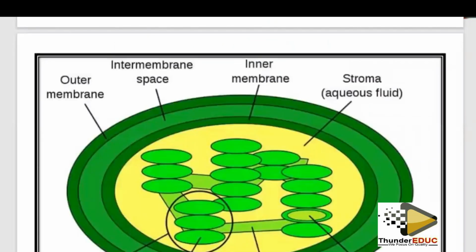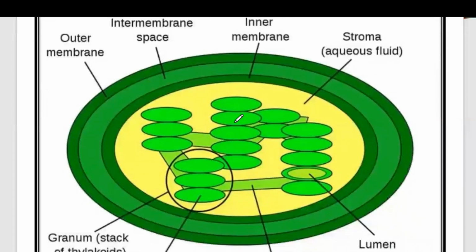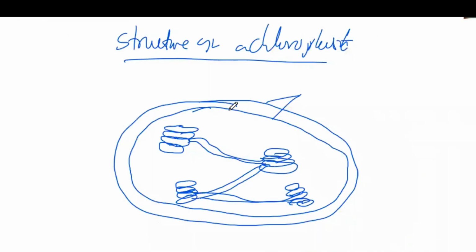Yes, they are interconnected. So it has the outer layer, then it has the intermembrane space, meaning the space in between the two layers, and then it has the inner layer. So these are the sacs we are talking about. Each sac is called a thylakoid.